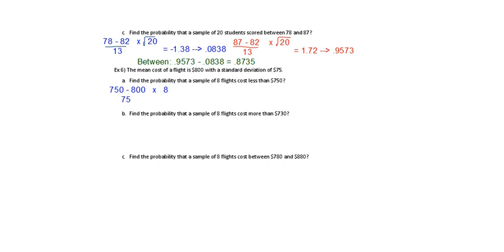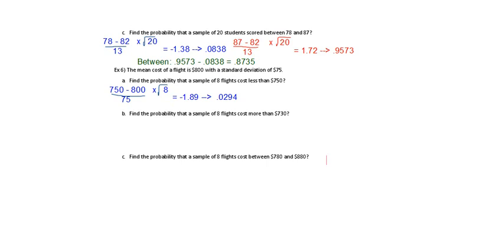If you put that in the calculator, that's going to equal negative 1.89. And if you look up negative 1.89 on the chart, your probability is 0.0294. All right, so that's done. All right, next question.